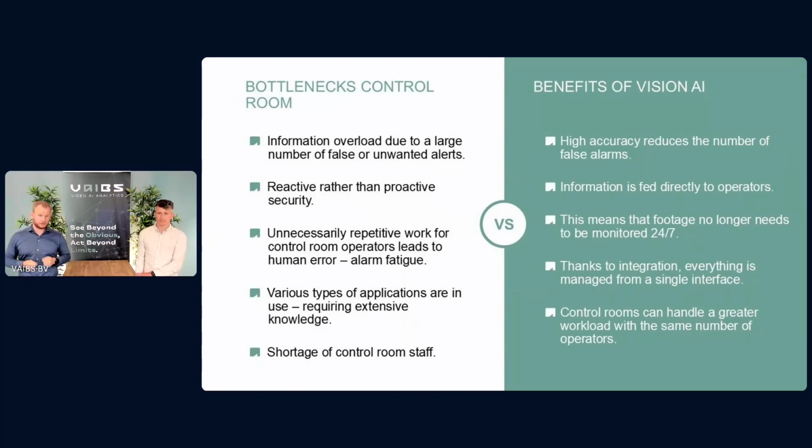It's better for the human, it's better for the eye, it's better for the brain. Control room operators are really good at following up potential threats. That's what they're trained for. The human eye cannot monitor all the screens all the time. So we lower the workload in the control room, making the jobs nicer, but most importantly also more effective in a more secure manner.